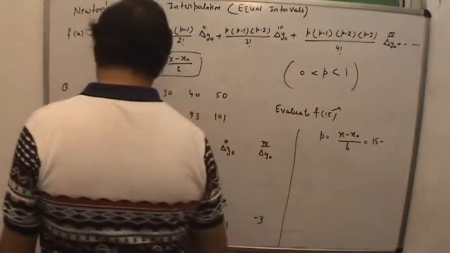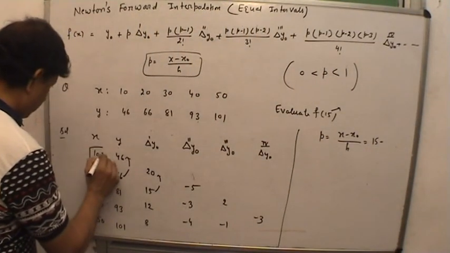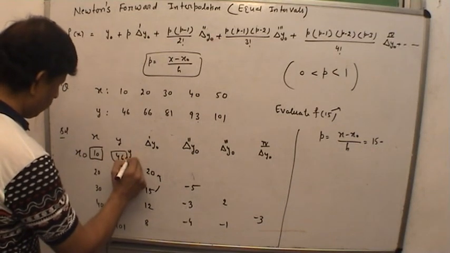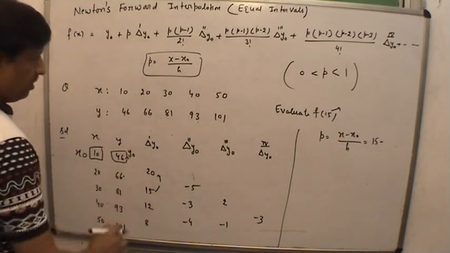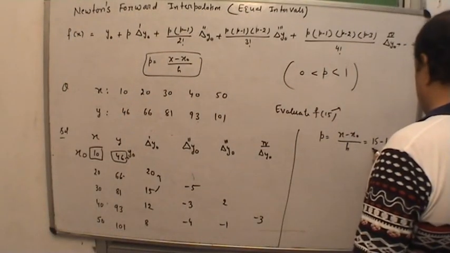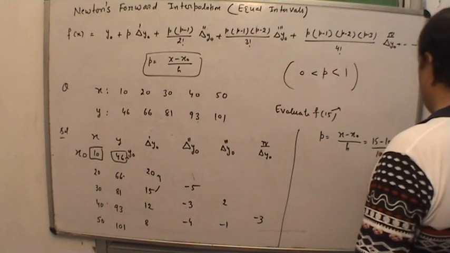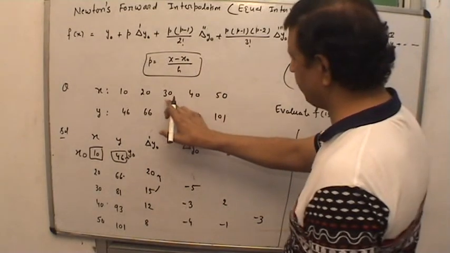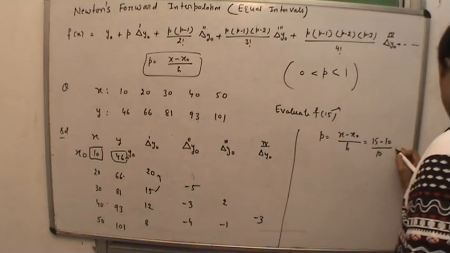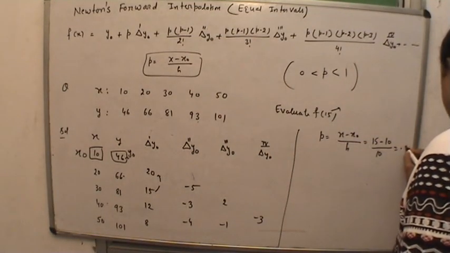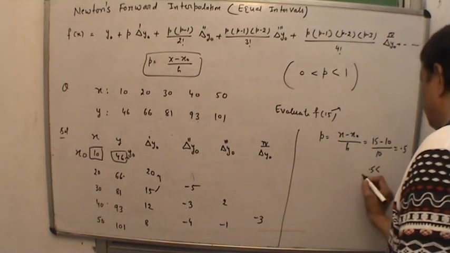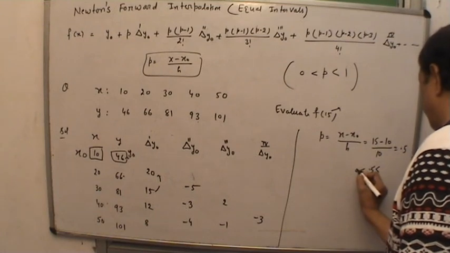If we consider the first value as x0 and the second value as y0, that is 15 minus 10 divided by the height of interval, 10. 30 minus 40 is 10, 40 minus 50 is 10. That is equal to 0.5. And we know 0.5 lies between 0 and 1.